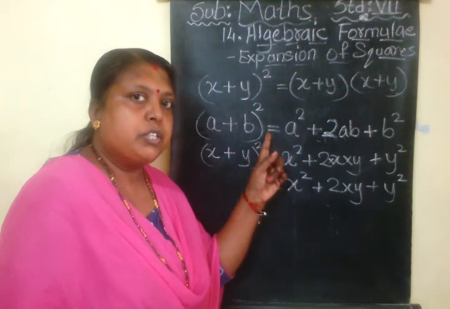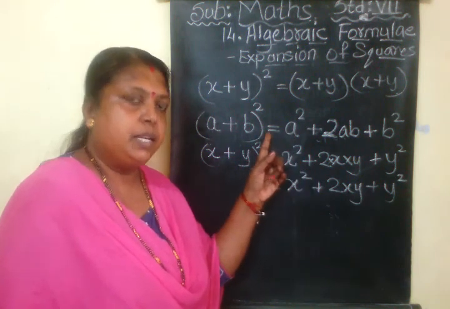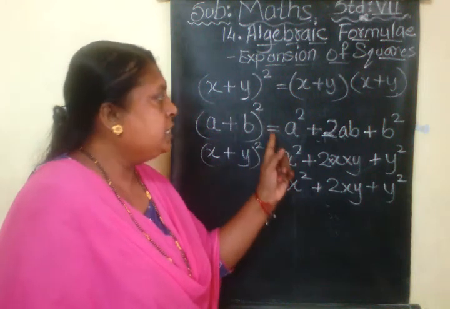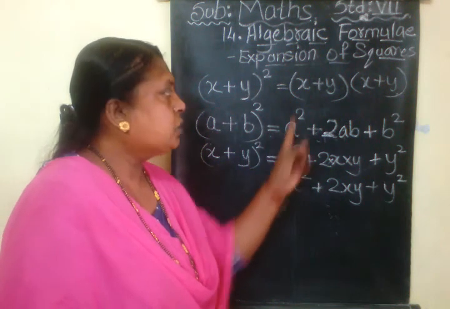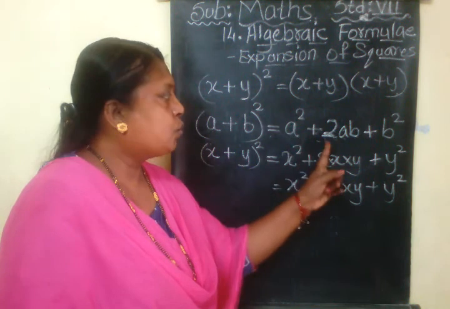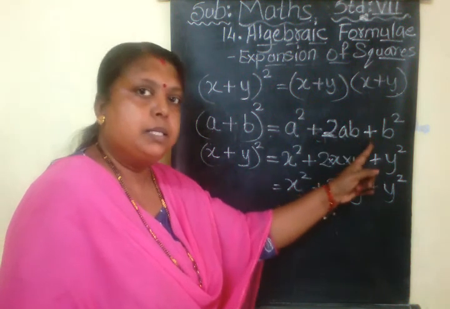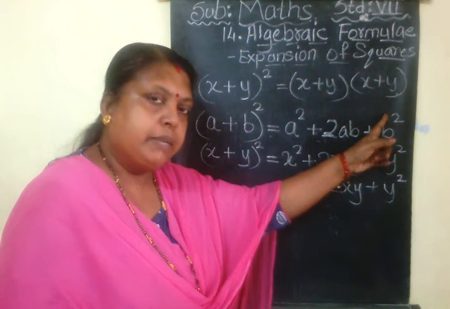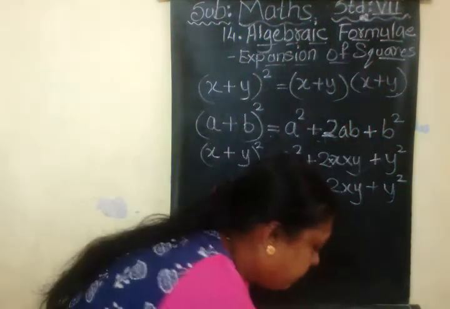So the first expansion formula that we have studied is a plus b the whole square is equal to a square plus twice ab plus b square. Got it children? Very simple and very easy it is. So I will rub and write again.